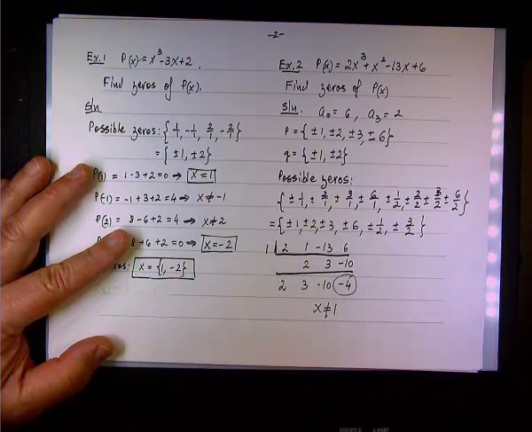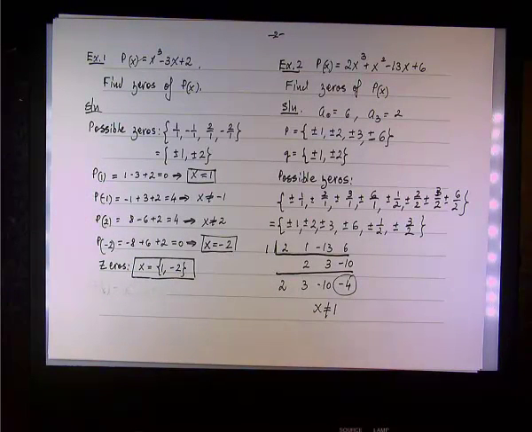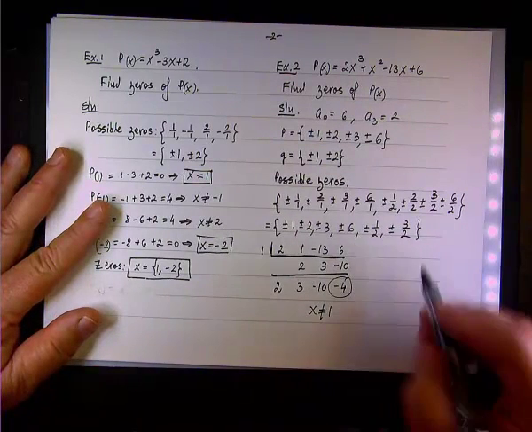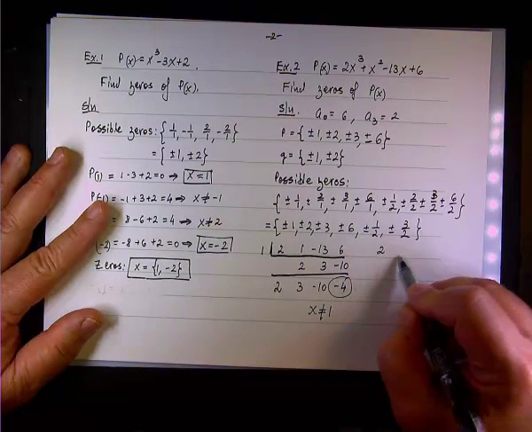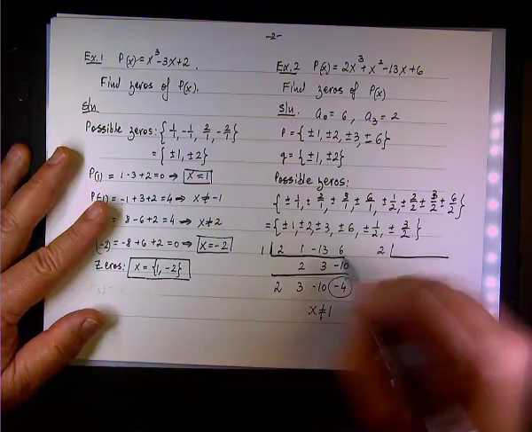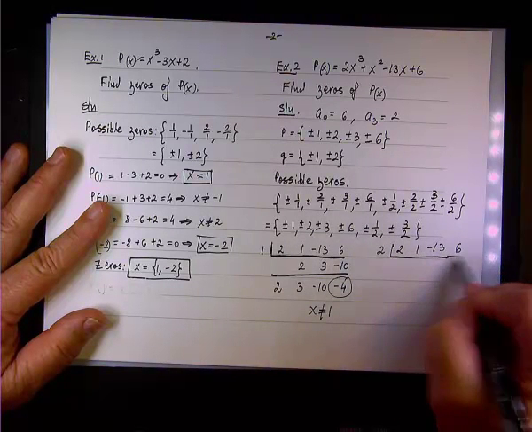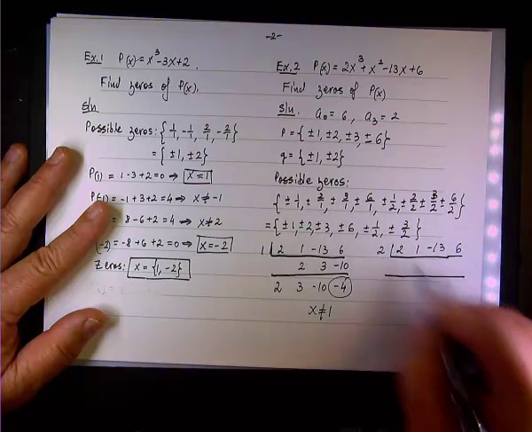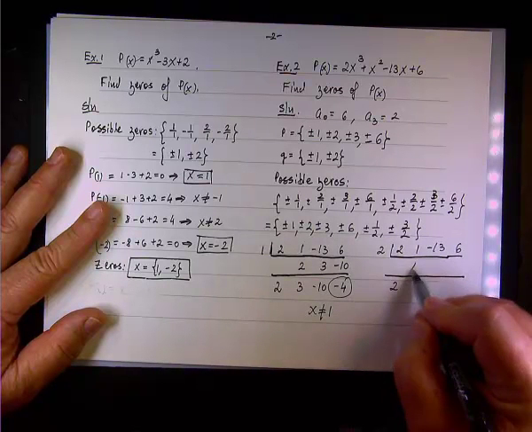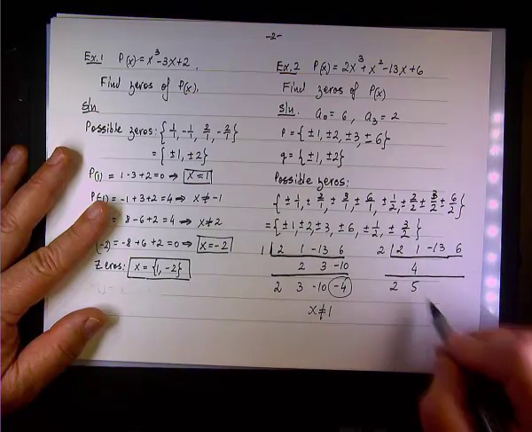Negative 13 and positive 3 is negative 10. Negative 10 and 6 is negative 4. This is not a zero because I have a remainder. So this tells me that x is not equal to 1. So I'll try 2.